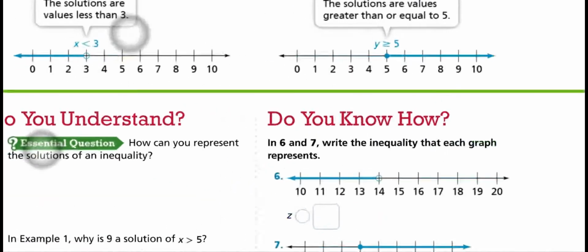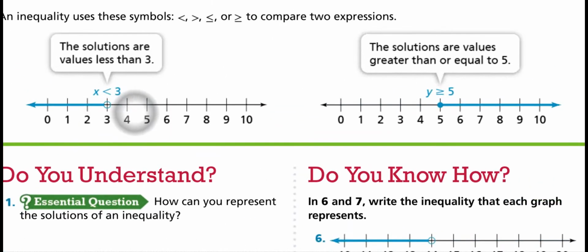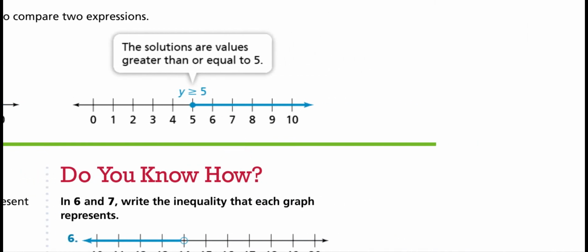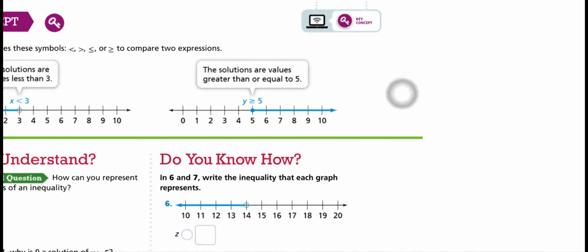So notice how the 3 isn't colored in, and x is less than 3. So all numbers to the left or less than 3 would be included in the graph. Over here, we have y is greater than or equal to 5. Oh, we heard a keyword there, greater than or equal to. So you're going to color in that circle and shade it to the right.